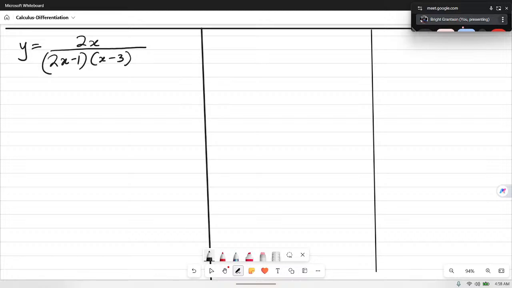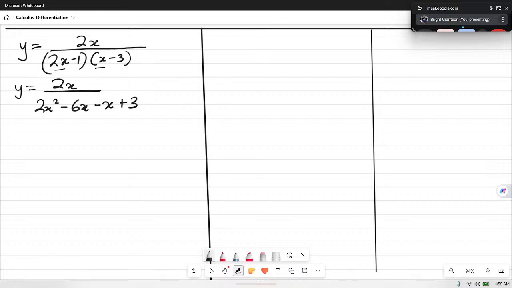We can use partial fraction decomposition, or we can just simply expand the bracket, right? So if you expand the bracket, y equals 2x over this, you get 2x squared minus 6x minus x plus 3, right?